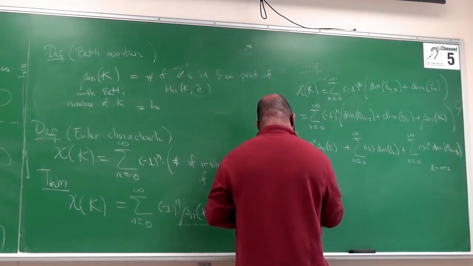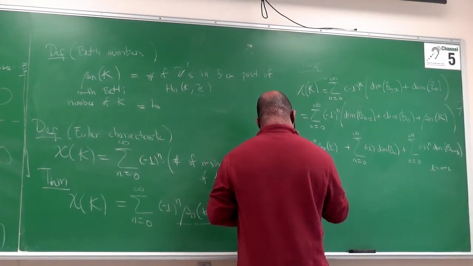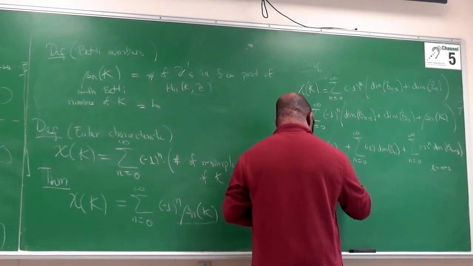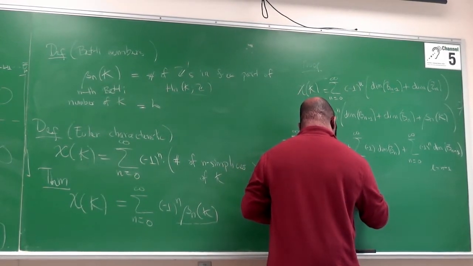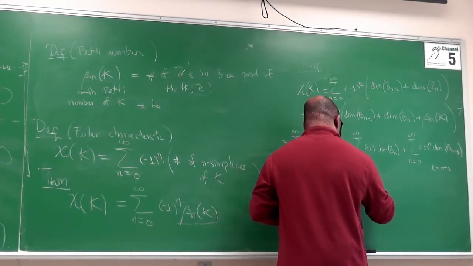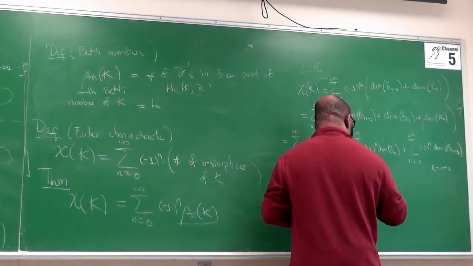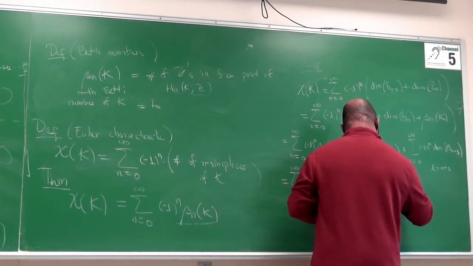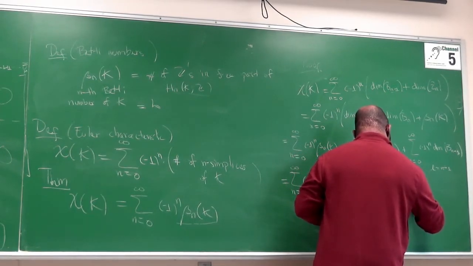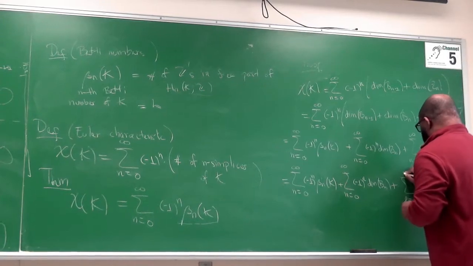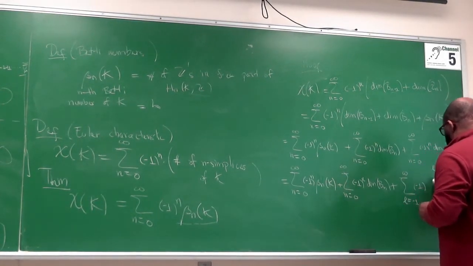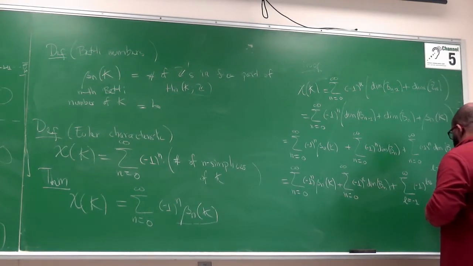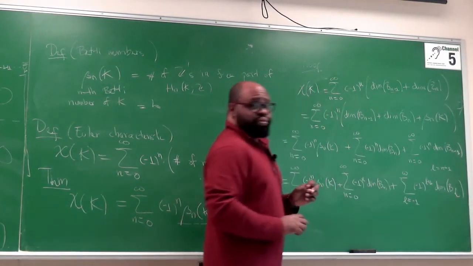So you get the sum of (-1)^n b_n plus the sum from 0 to infinity of (-1)^n dimension of B_n, plus the sum from L equals -1 to infinity of (-1)^(L+1) dimension of B_L.